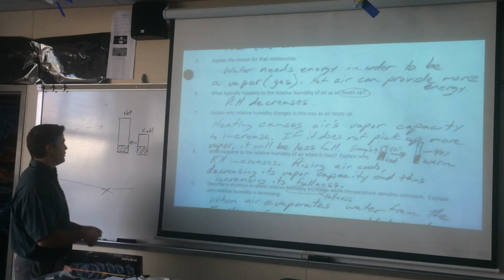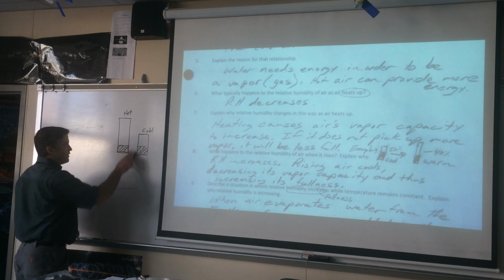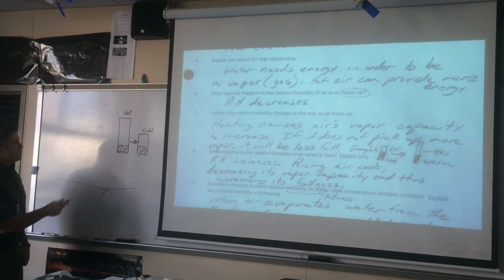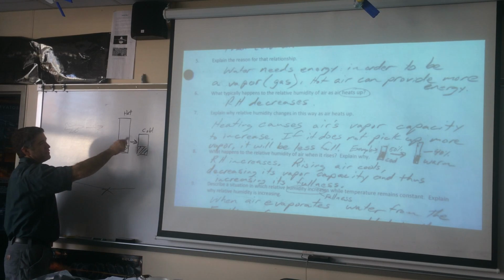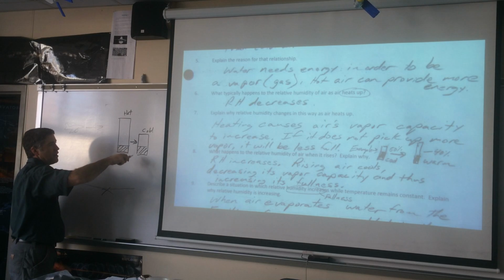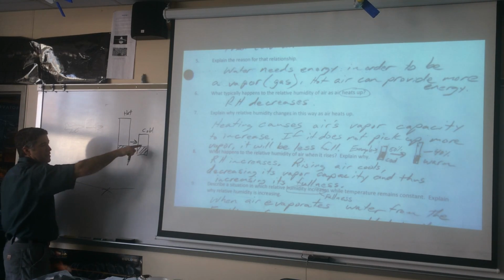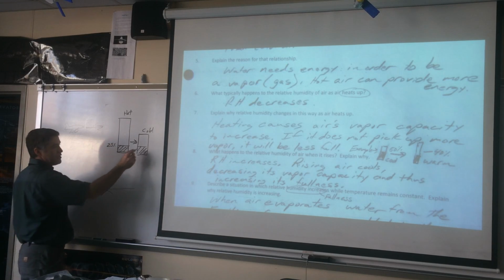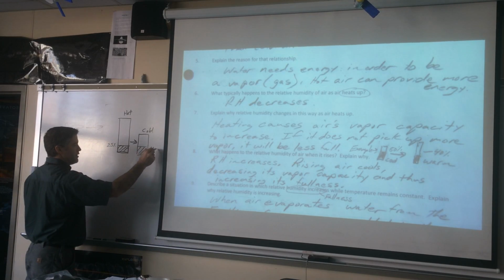So it becomes fuller. This diagram I've drawn would be like what would happen to air as it rises. The air is hot when it's lower down, it goes up into the atmosphere, and it cools off, so its capacity decreases, but the fullness increases. 25%-ish relative humidity to maybe 40% here.